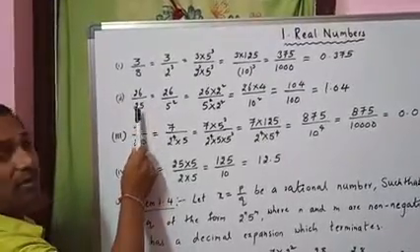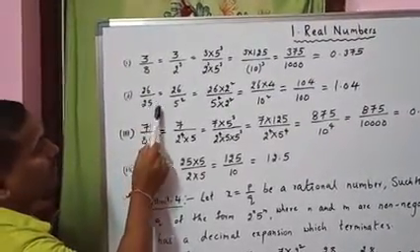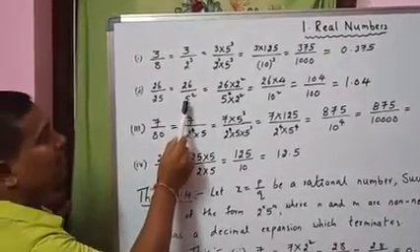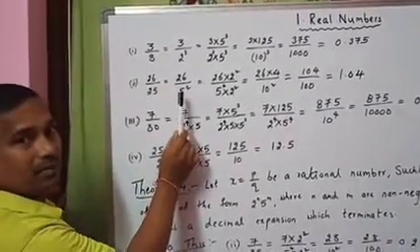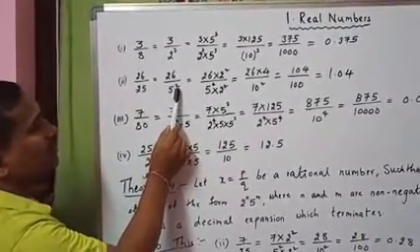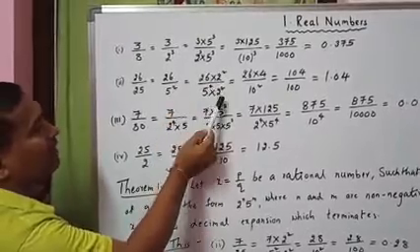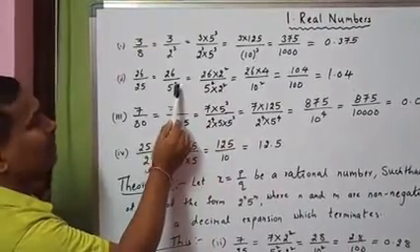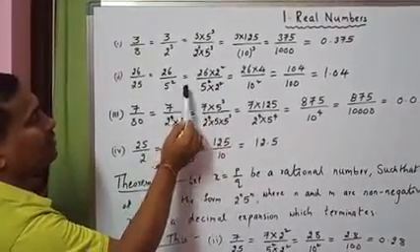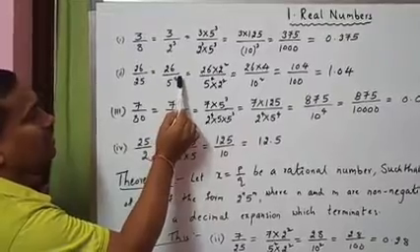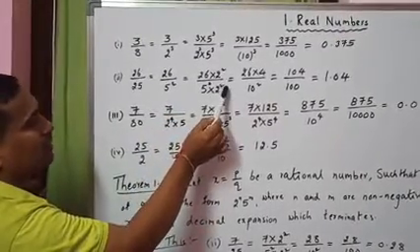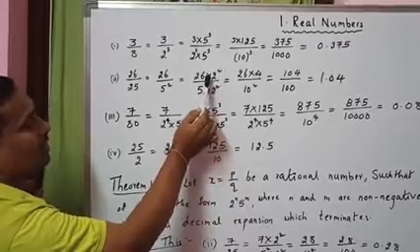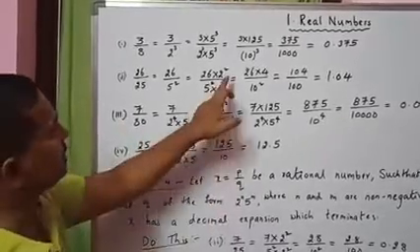Now let us see another one. 26 by 25. The denominator 25 can be written as 5 square. To make this denominator 10 power something, multiply numerator and denominator with 2 square. Whatever the power of 5, multiply with base 2 with the same power. So 5 square, so multiply with 2 square. Multiply the numerator and denominator with 2 square.